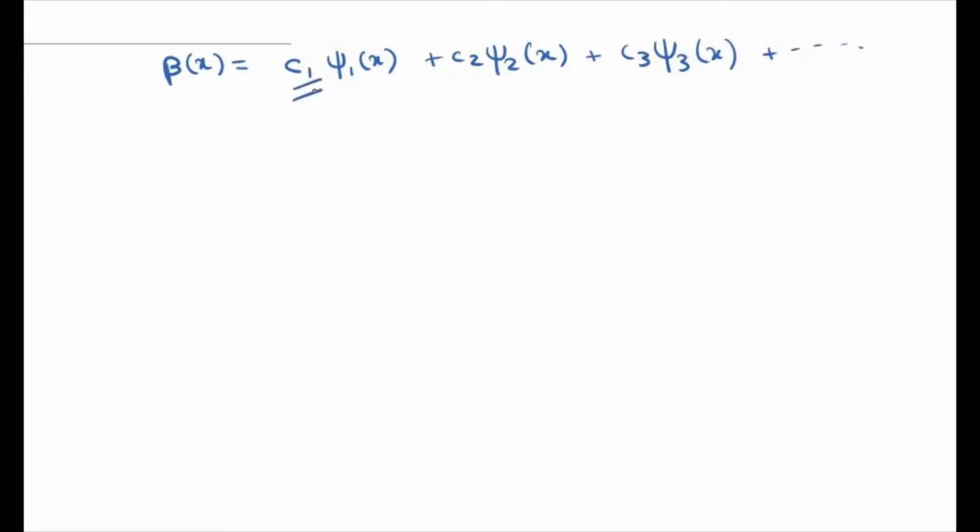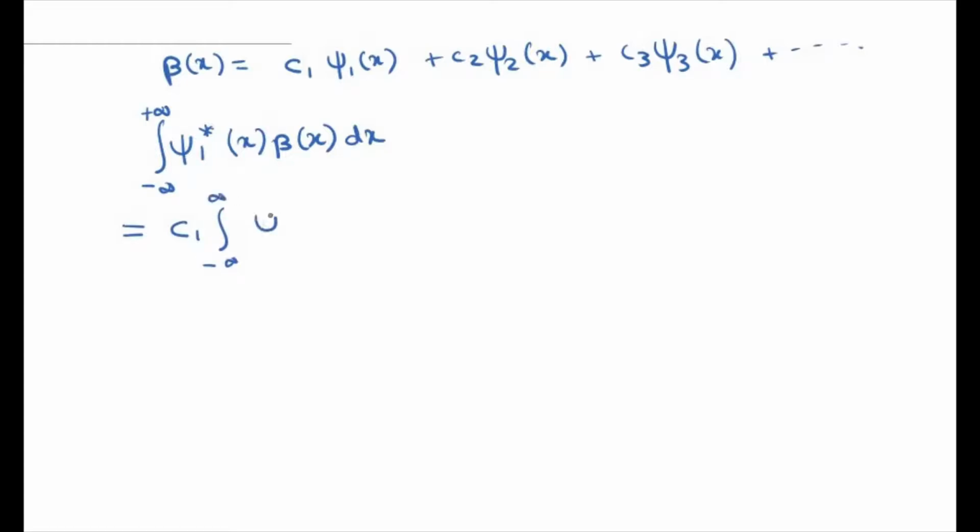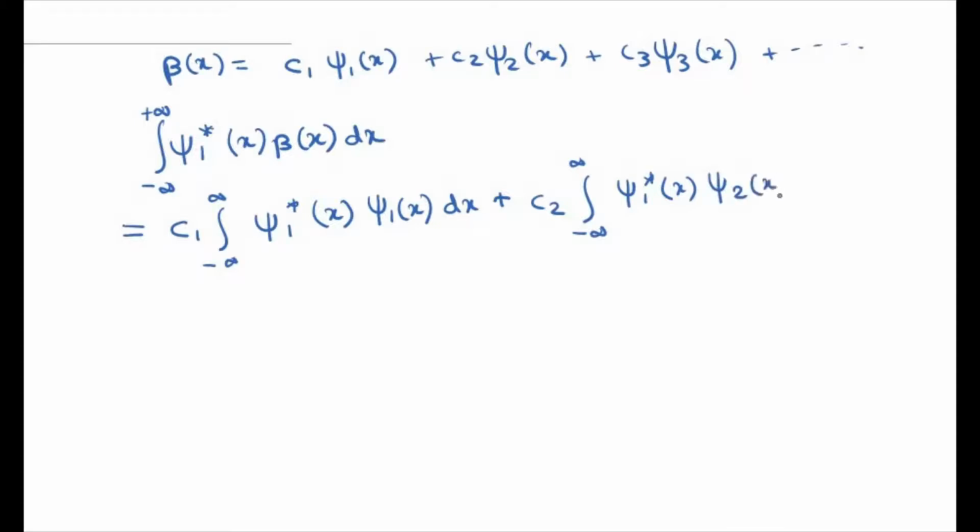So let us say that I want to compute this constant C1. What I do is I basically multiply this beta x by psi 1 star, and I integrate it from minus infinity to plus infinity dx, and this basically becomes C1 times the integral from minus infinity to plus infinity of psi 1 star x psi 1 x dx, plus C2 times the integral from minus infinity to plus infinity of psi 1 star x psi 2 x dx, plus all the terms up to infinity.